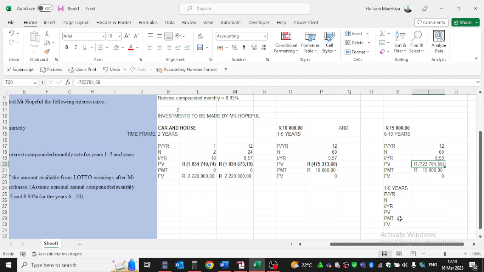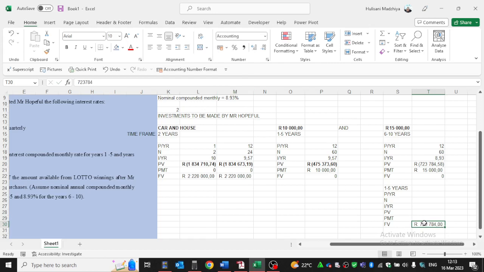So we are looking for the equivalent amount of this today at year 0, which is before year 1 to 5. So we know that at the end of year 5, he needs to have a positive inflow of 723,784, which is still going to be a continuation of an investment. So you can put this as a negative or as a positive. It's still okay.